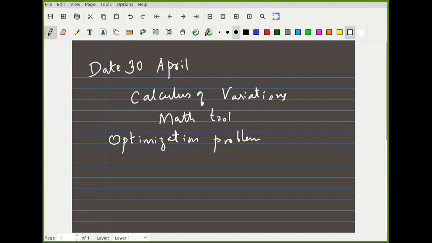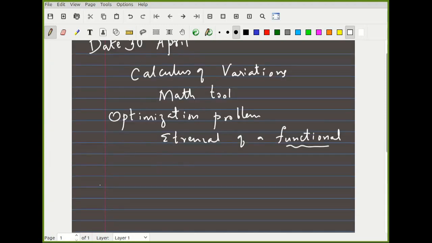But instead of maximization or minimization of a function, that's what is called the extremal. We find the extremal of a functional. And loosely speaking, a functional is a function of functions. I think you would have seen this problem of finding the shortest path between 2 points.